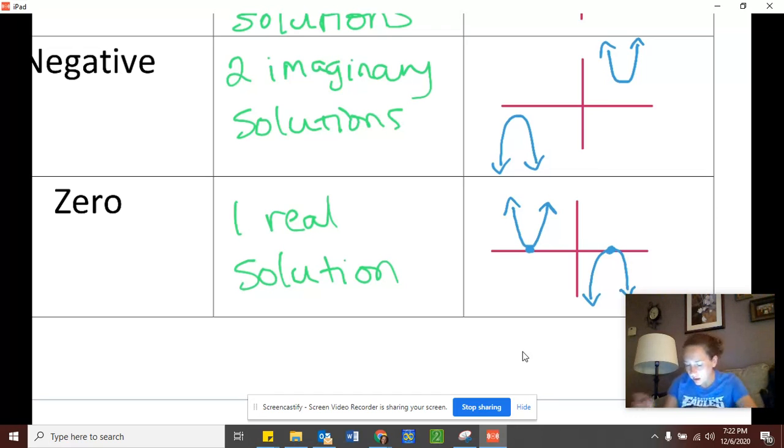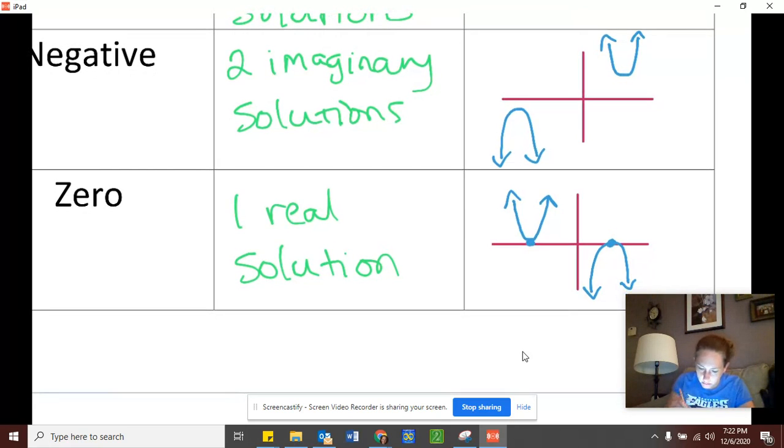Because if I take that parabola, if I move it up or down, it's either gonna have no x-intercepts, or it's gonna start having two x-intercepts. The only way to possibly have a parabola that has only one x-intercept is where the vertex is on the x-axis. Okay.